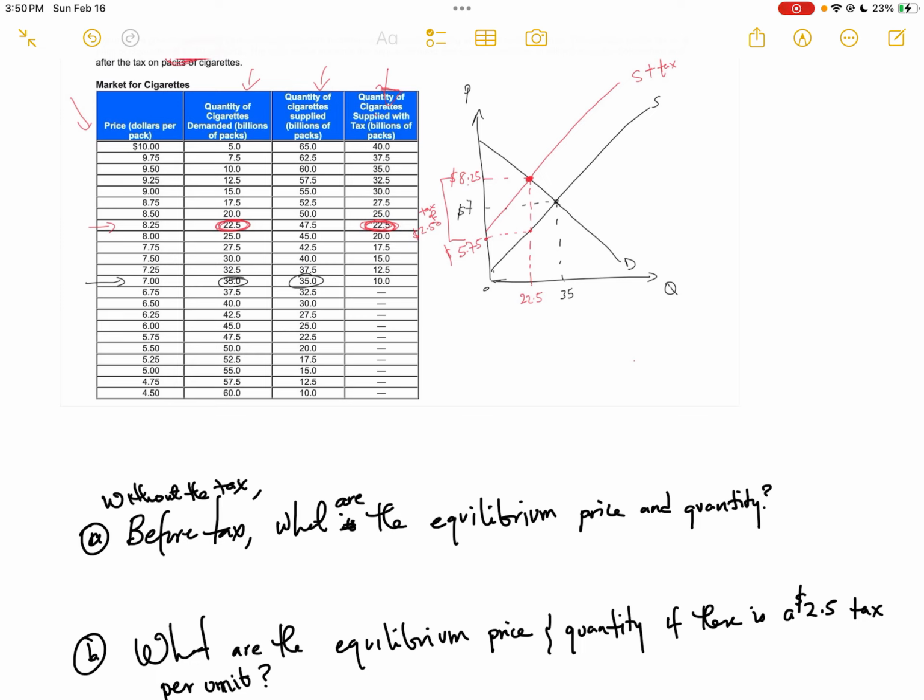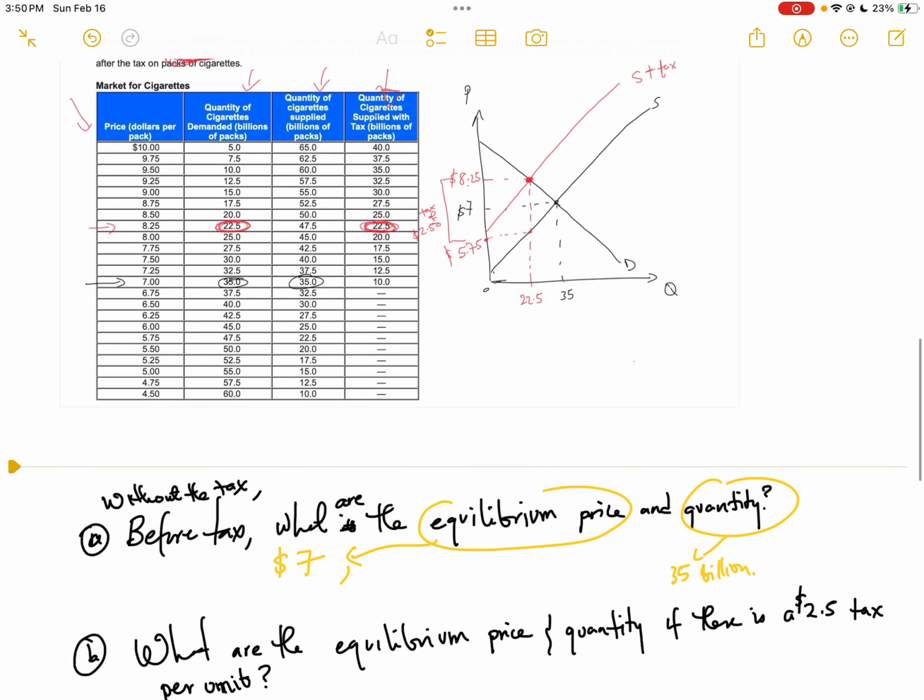Before the tax, what are the equilibrium price and quantity? Or without the tax, what are the equilibrium price and quantity? Well, it's $7. That's the equilibrium price, right? And the equilibrium quantity is 35 billion. Okay, great. Now, B, what are the equilibrium price and quantity if there is a 2.5 tax per unit?